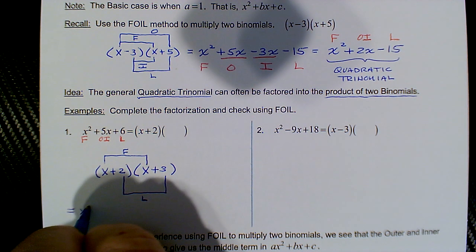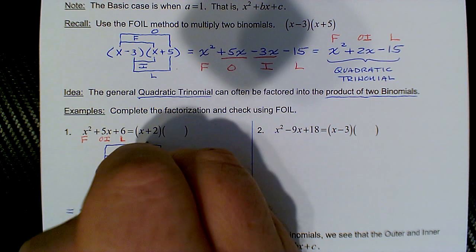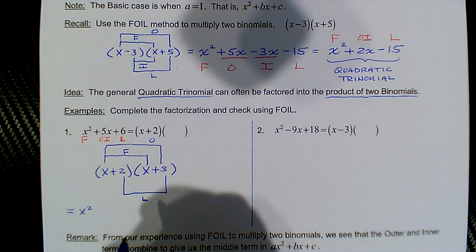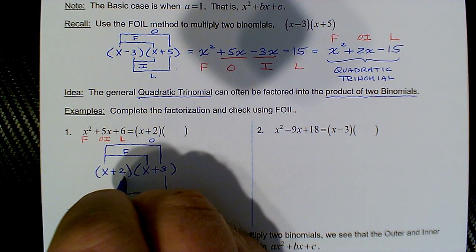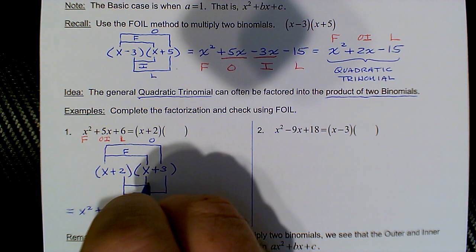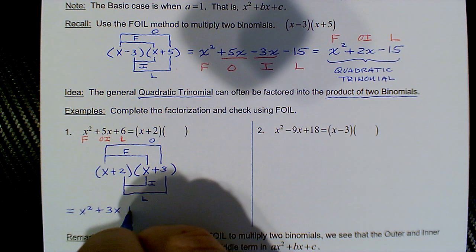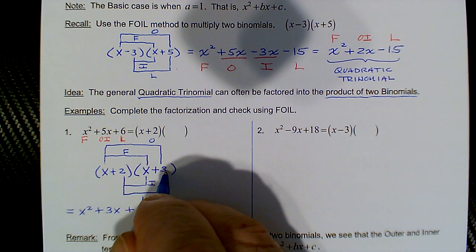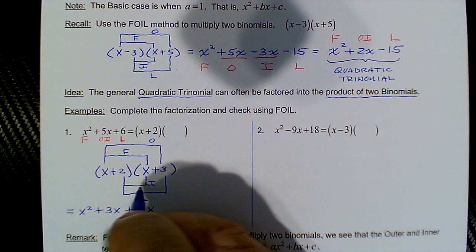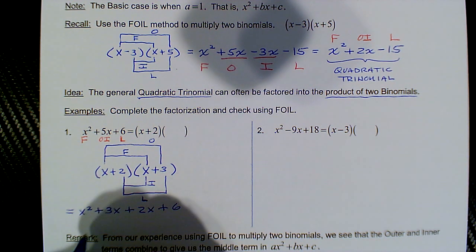Product of the first is x squared. Okay, here's the outers. X times 3, plus 3x. Here's the inner terms. 2 times x, plus 2x. And then our last that we calculated, or that we forced, basically 2 times 3 is 6.